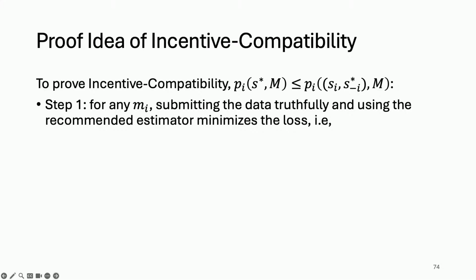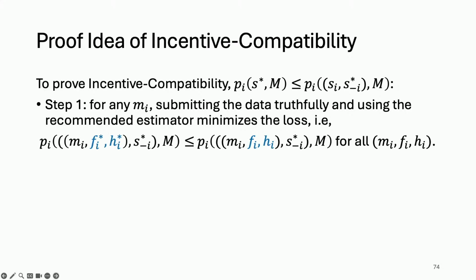For every strategy, it has three components, M I, F I, and H I. And so they decompose the proof into two parts. Step 1: for any M I, for any sample size, submitting the data truthfully and using the recommended estimator minimizes their penalty.